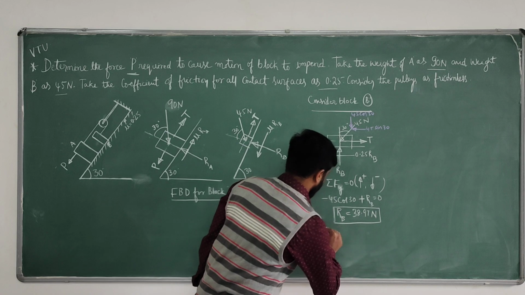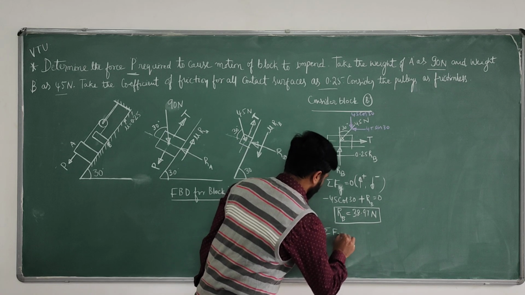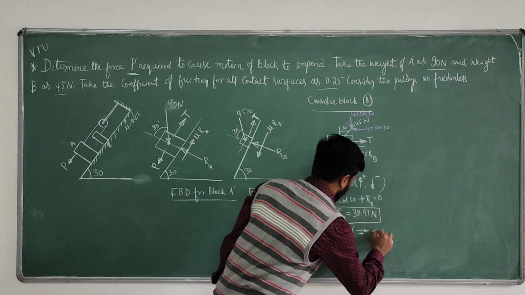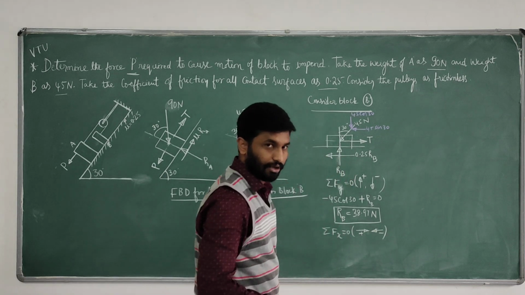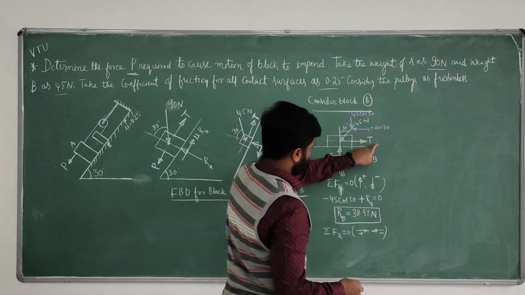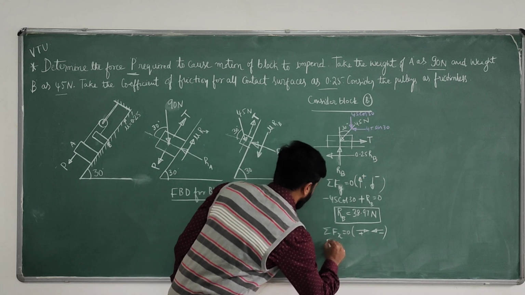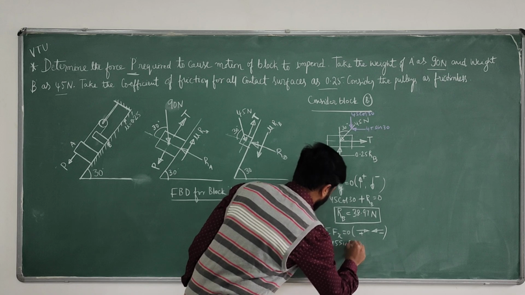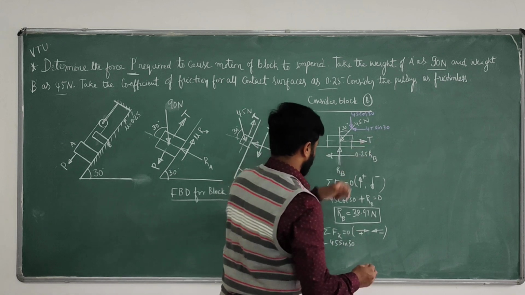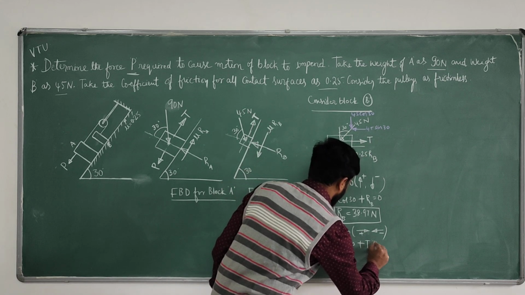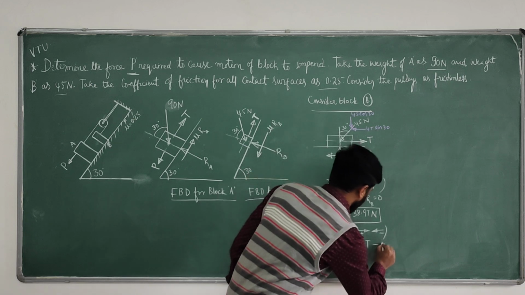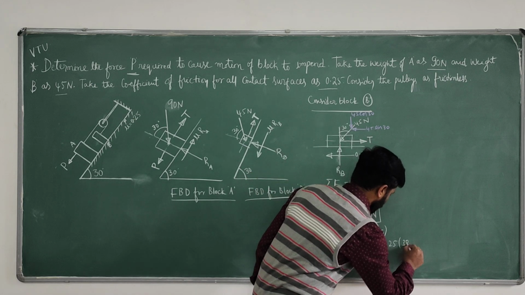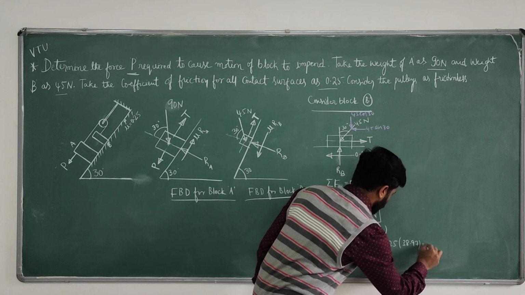Clear? Now I am applying sigma fx equals 0. For this, all right side forces are positive and all left side forces are negative. So here 1, 2, 3 forces. Therefore minus 45 sin 30 minus 45 sin 30 plus T minus 0.25 times the RB. RB value is 38.97 equals 0.